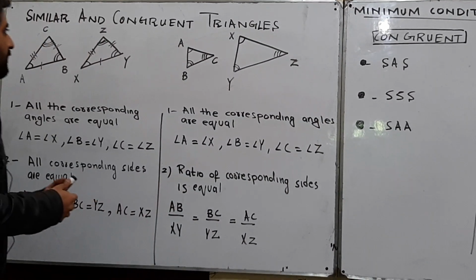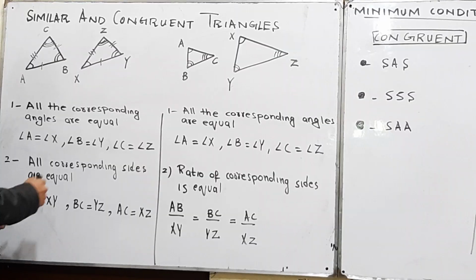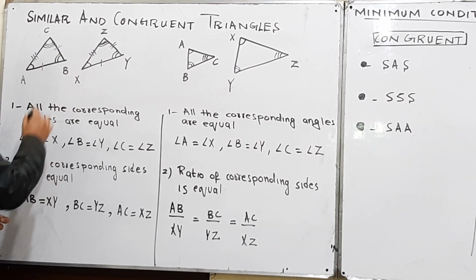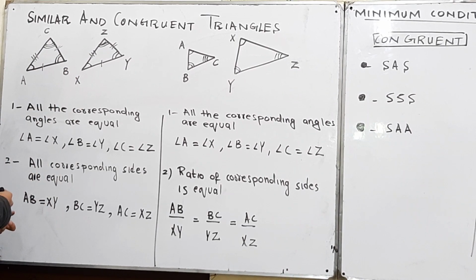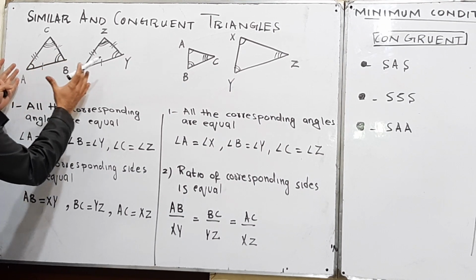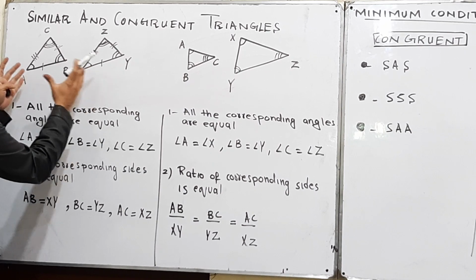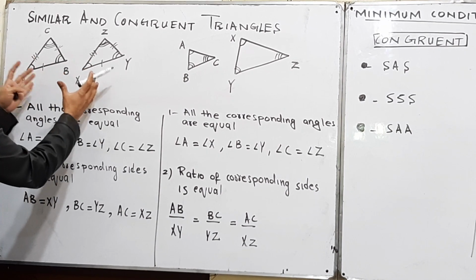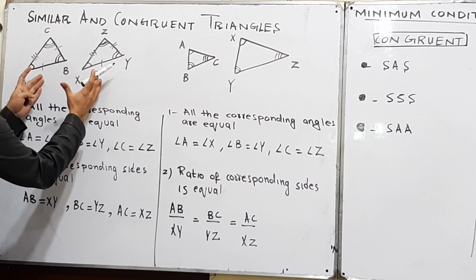Now, these two triangles are exactly the same. These two can fit on each other, their lengths are the same, their angles are the same, so I call them congruent triangles.